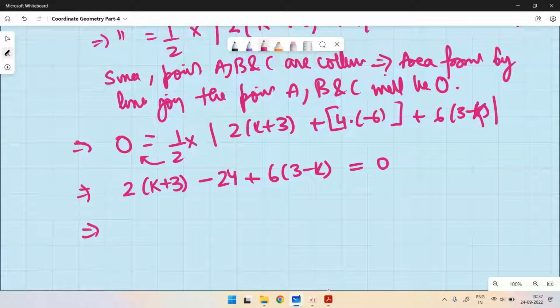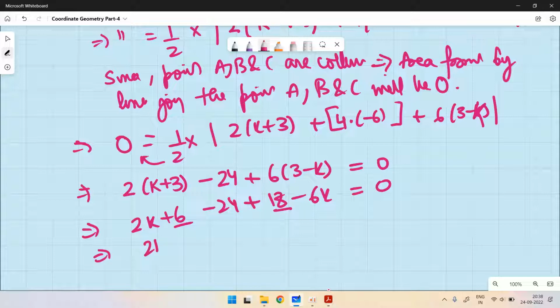Now what is k? If you expand this, 2k plus 6 minus 24 plus 18 minus 6k equals 0. 6 plus 18 is 24, and minus 24 makes that 0. 2k minus 6k is minus 4k. So 0 equals minus 4k, which implies that k equals 0.